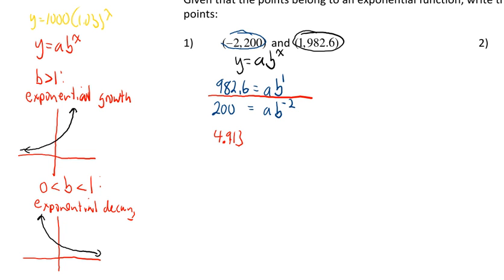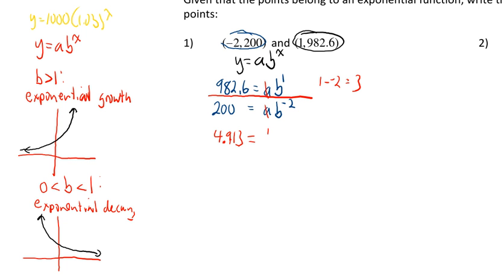When I divide the two right sides, the a's cancel out. And what's b to the first divided by b to the negative second? B cubed. Don't forget I want to subtract exponents, and 1 minus negative 2 gives me 3. So I get b to the third power.